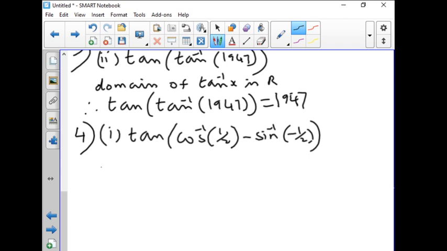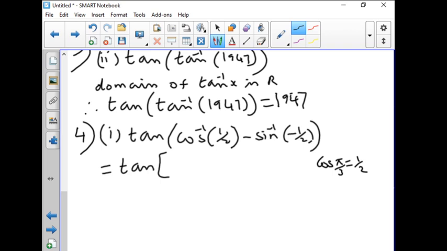So what is it? Tan cos inverse of 1 by 2. We know that cos 60 or cos pi by 3 is equal to 1 by 2.